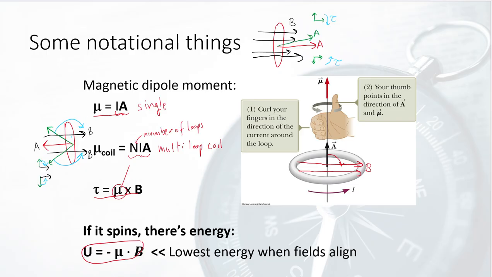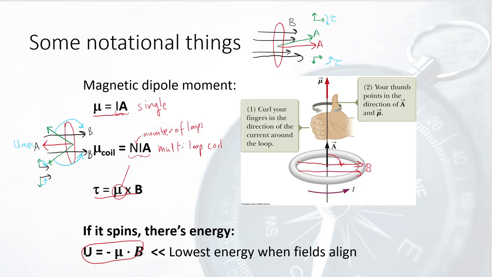Now again, what happens when we spin? What happens when we spin is we release potential energy, and that converts into kinetic energy. So from this point of perfect anti-alignment, we have U max.